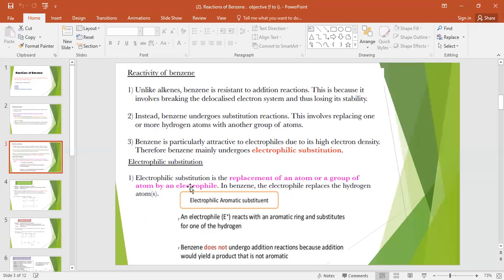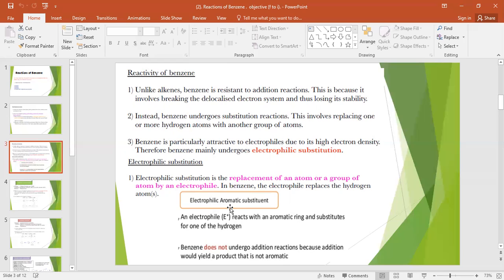Electrophilic substitution is the replacement of an atom or group of atoms by an electrophile. Electrophile means positive species. In benzene, the electrophile replaces hydrogen atoms from the benzene ring, one hydrogen or maybe more.